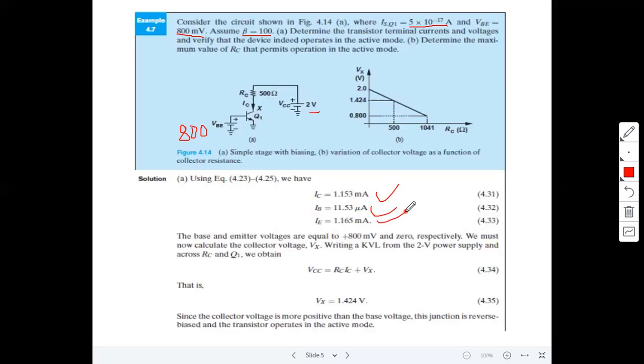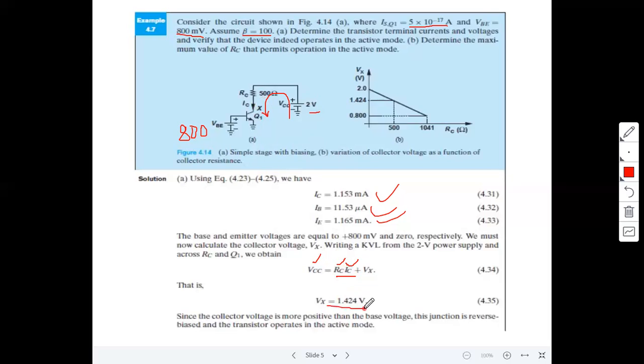These are all the different currents in the transistor. VCC is already given as 2 volts. Now we apply KVL to this loop. This loop says VCC is equal to the drop across this resistor, that is IC times RC, plus the voltage at the collector terminal, VX. We already know VCC, IC and RC, so we can easily calculate VX.